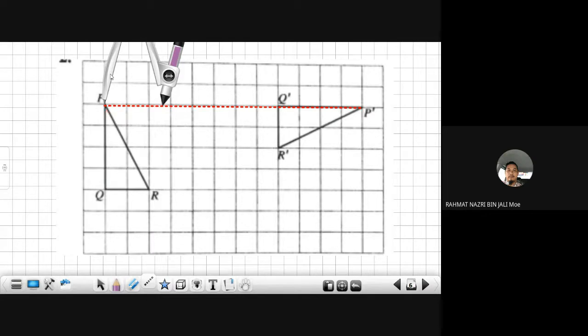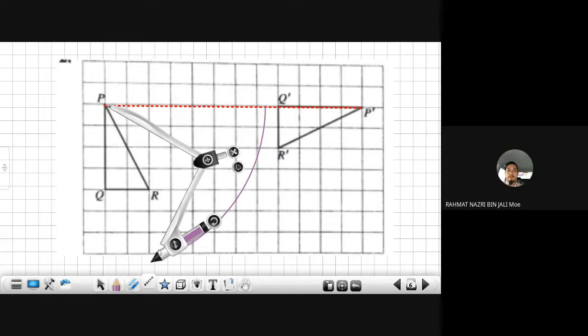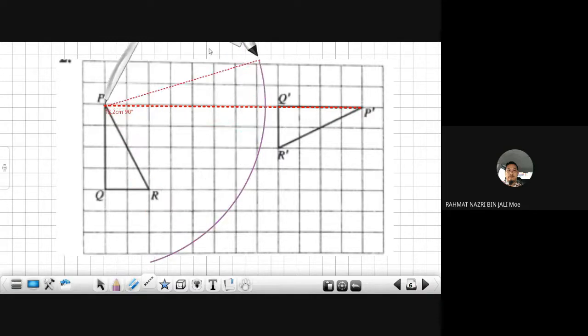Letak jarum letak dekat P, kemudian kita perlu buka lebih daripada separuh, more than half of the straight line. Buka sikit lagi, and then we draw the arc. Okay, kemudian kita letak dekat P prime untuk cari yang kedua.